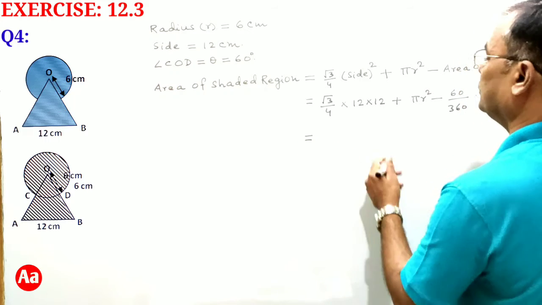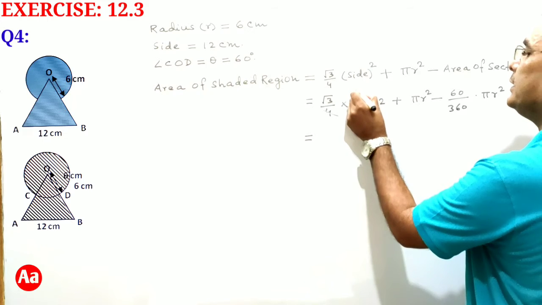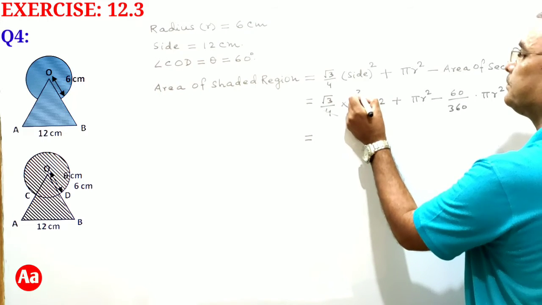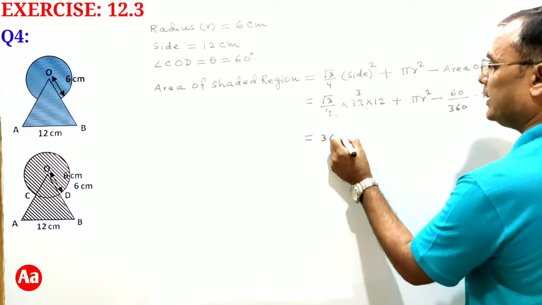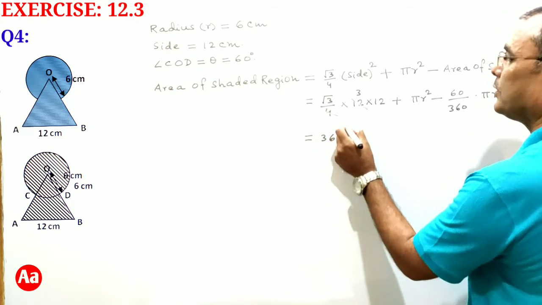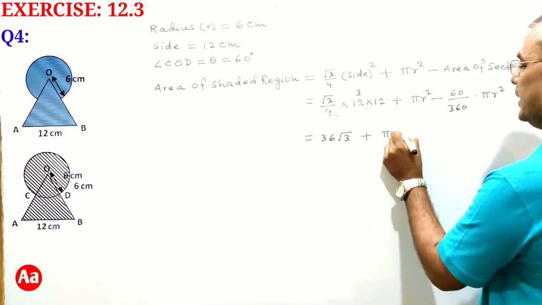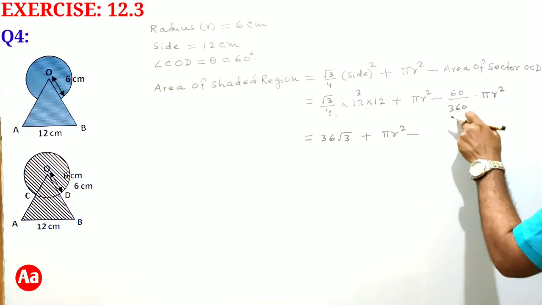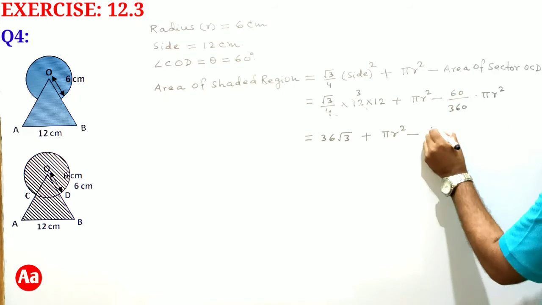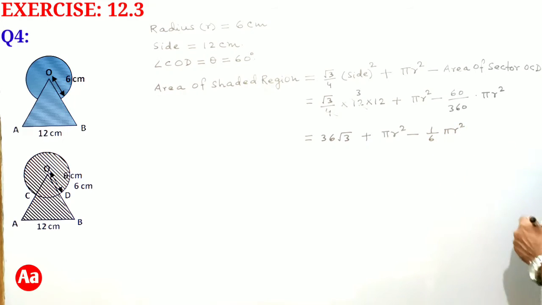This is equal to, simplifying this part, 4 3s are 12, 3 into 12, 36 √3, plus pi r square minus 60 by 360, that is 1/6 pi r square.